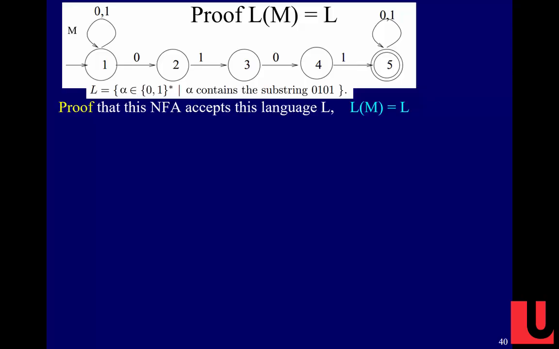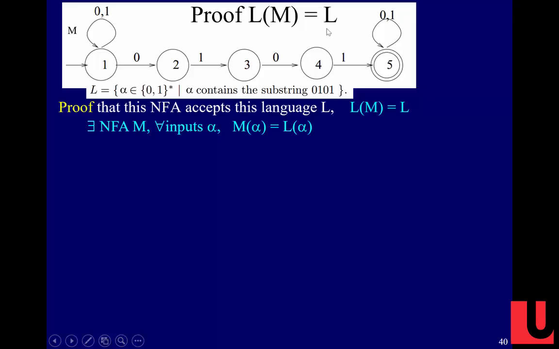All right, so anyway, any questions, or we're going to go through this other proof quickly here. Let's make sure we know what everything is. M is this machine, right? L is the language of 0, 1 strings that contain 0, 1, 0, 1, right?